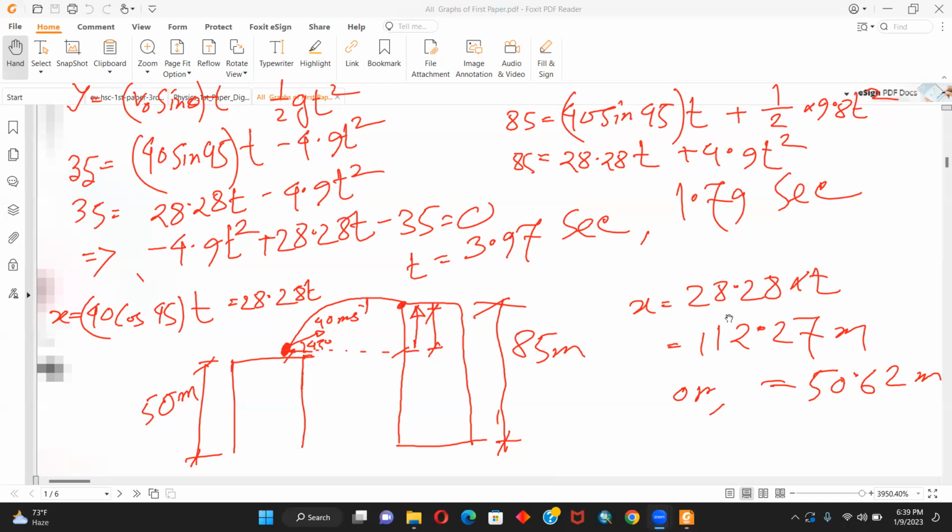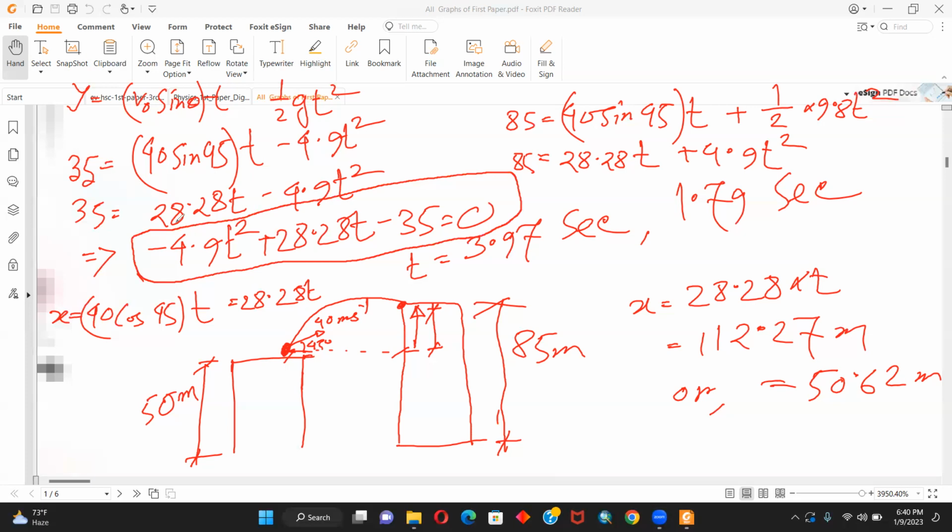So now the problem is that we have got two values for time, right? That is our prime problem, because the time could be only one. That is the question. We have obviously got a quadratic equation here, so it will have two solutions.